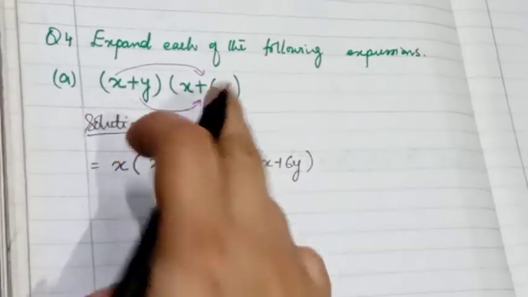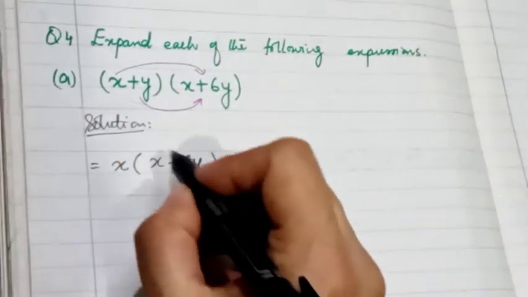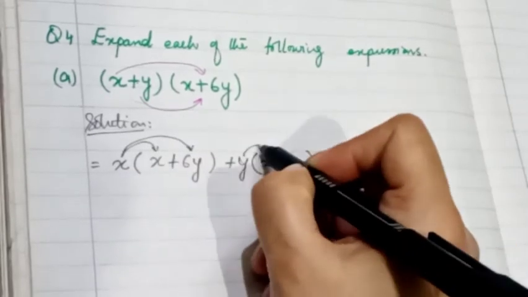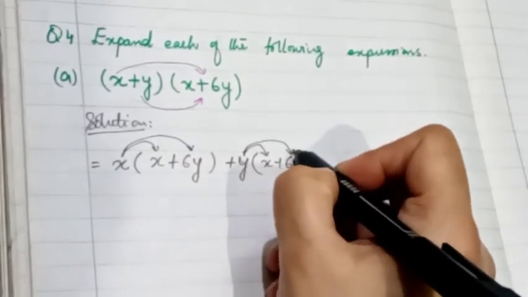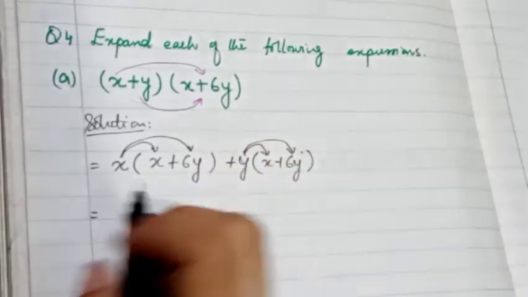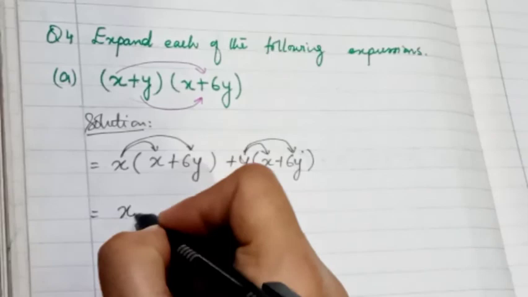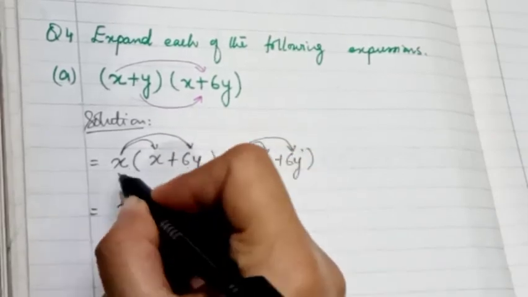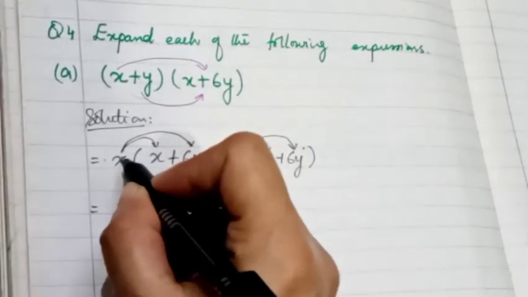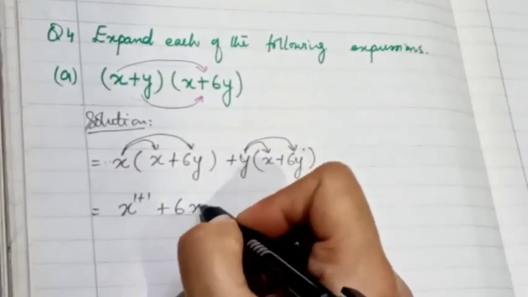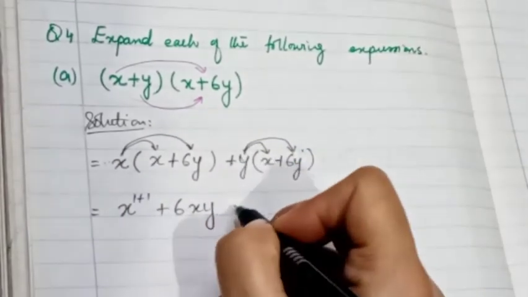Now we have to apply the distributive law. We have to multiply this outside x with x and plus 6y. Then we have to multiply this outside y with this x plus 6y. So starting solution, x into x means we have to add their powers. Then we have to multiply this x with 6y plus x into 6 into 1 means 6 and x into y means xy.